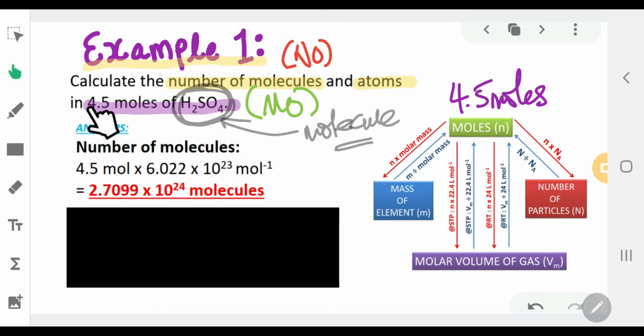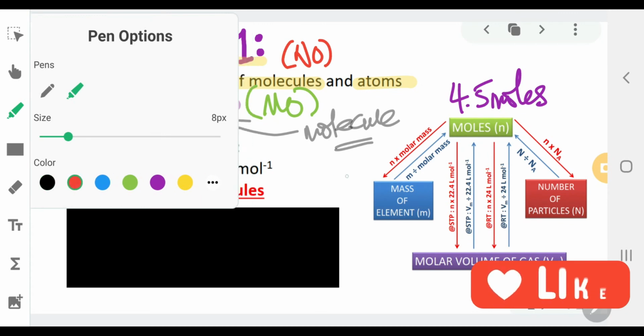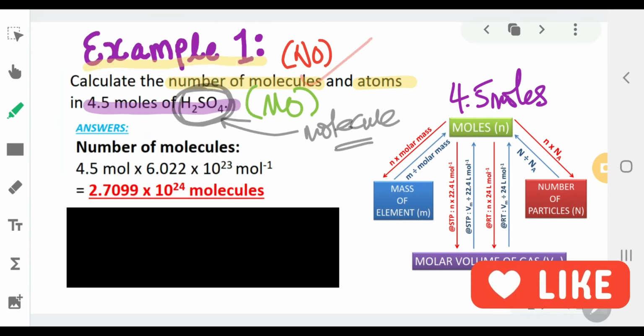So in 4.5 mole of this whole thing, you have 2.7099 times 10 to the power 24 molecules of H2SO4. And we're done with the first one. So we have found out what is the number of molecules. What about atoms? Okay, so we're done with this number of molecules.